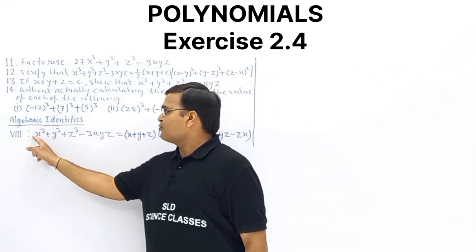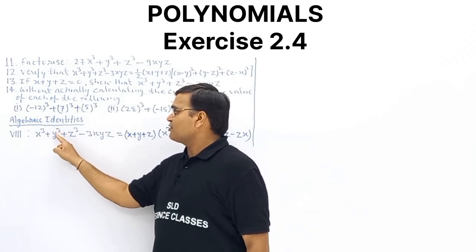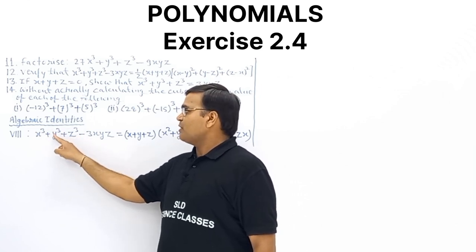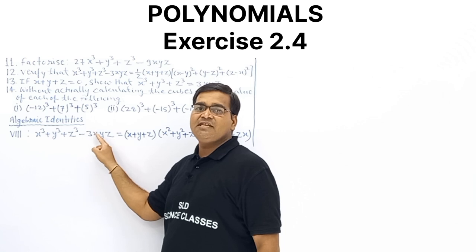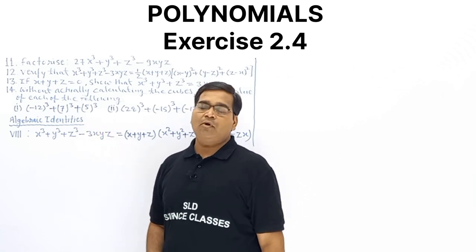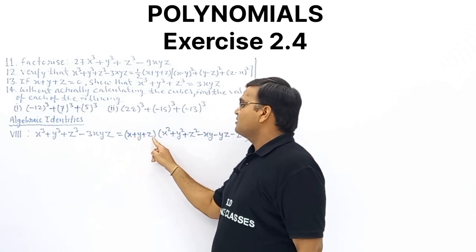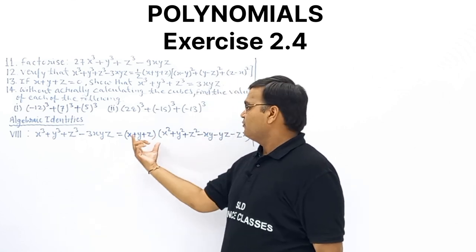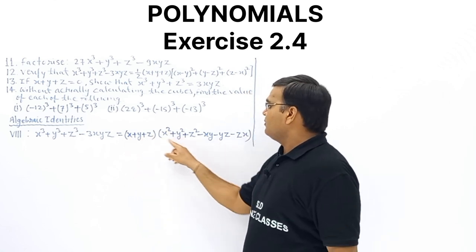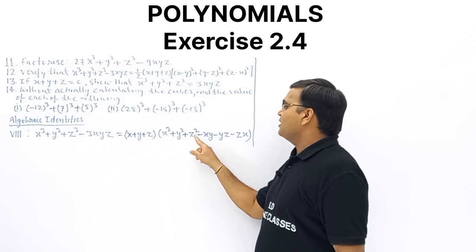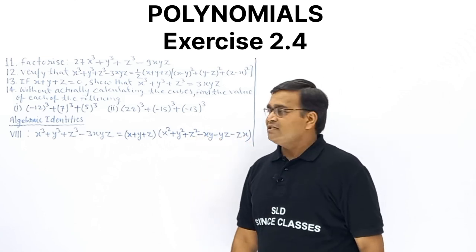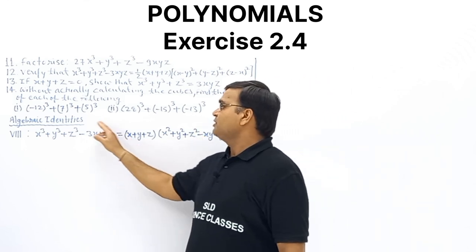If we have an expression in this form, x cube plus y cube plus z cube minus 3xyz, observe carefully, then its factors will be: one factor is x plus y plus z, and the remaining will be x square plus y square plus z square minus xy minus yz minus zx. This is the expanded form.